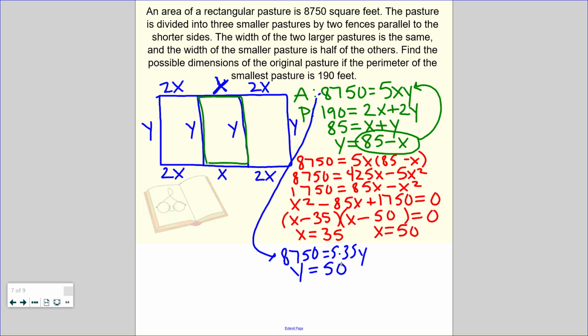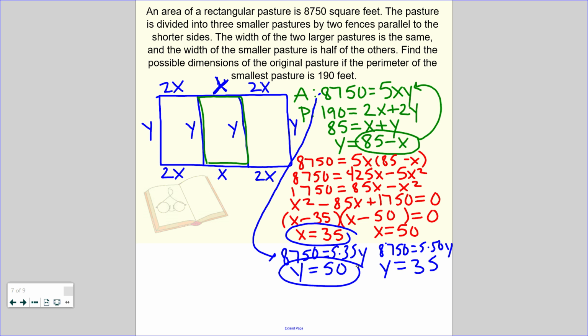And you can bet what's going to happen over here. 8750, if I plug in 50, 5 times 50 times y. 8750 divided by 5 divided by 50, I'm going to get y is 35. So you can see again, like that last problem, we get the same solution twice. So x is 35 and y is 50.